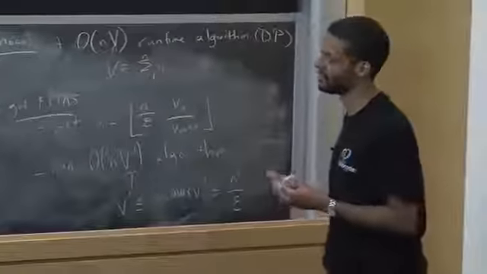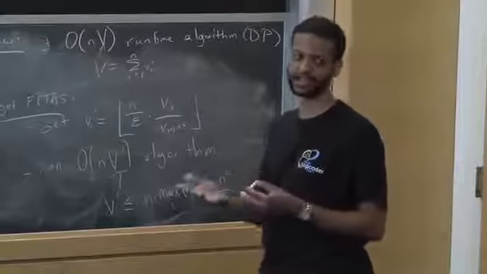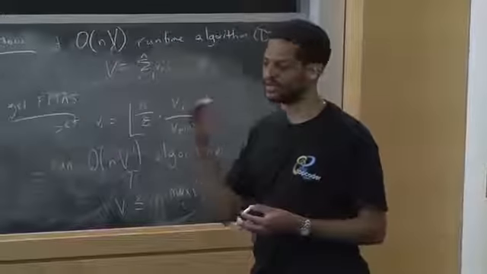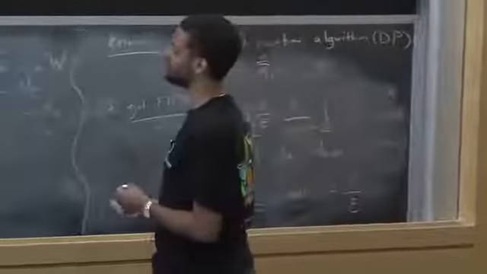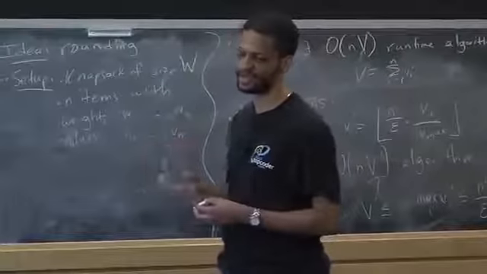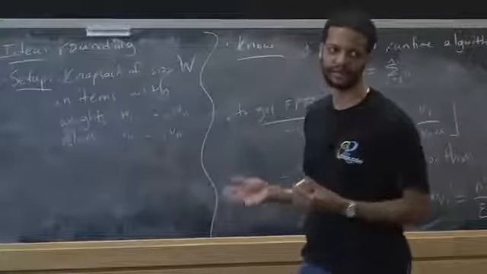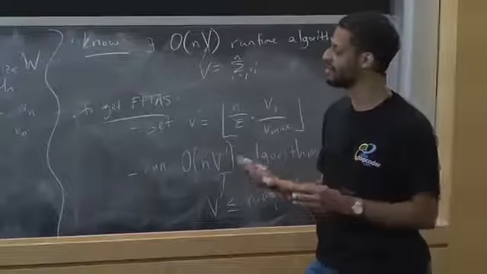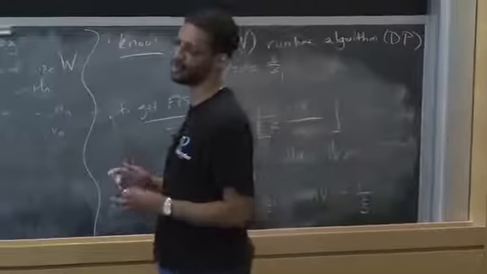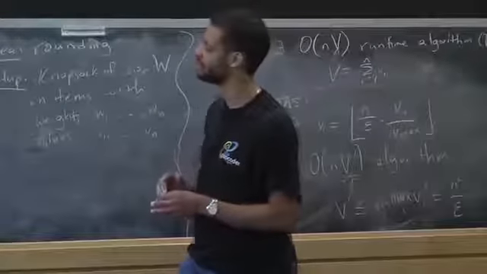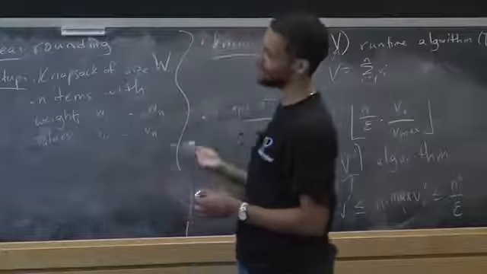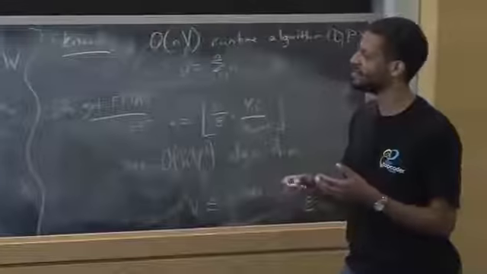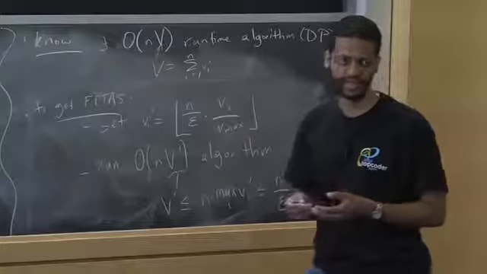Sometimes for some problems, you can't beat a 2 approximation. For vertex cover, it's known that there's a fixed constant, I forgot exactly what that constant is, but it's bigger than 1, that unless P equals NP, you can't beat that approximation ratio. There's also some more recent evidence that says you can't beat a 2 approximation if you assume some conjecture. But sometimes there are just easy reasons why there's no FPTAS.